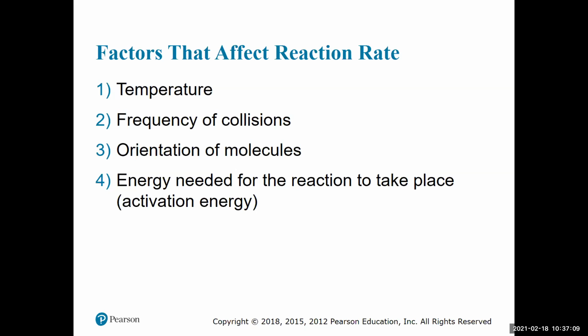Finally, a certain amount of energy needs to be there for the reaction to take place. The term we use to describe the energy needed for the reaction to go is called the activation energy, and we'll talk about that a little too.